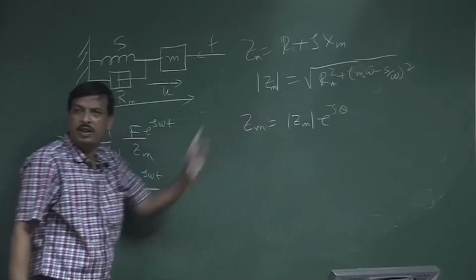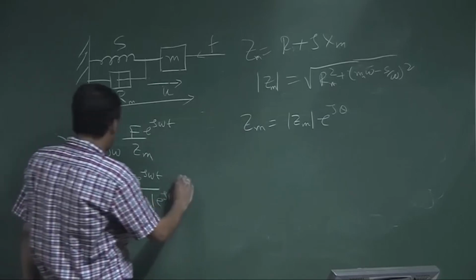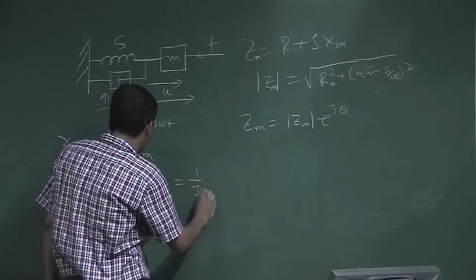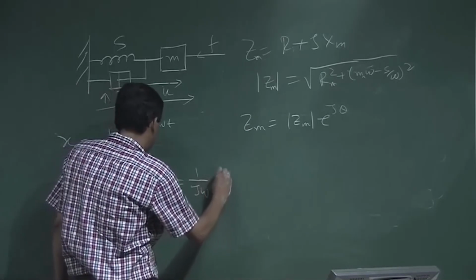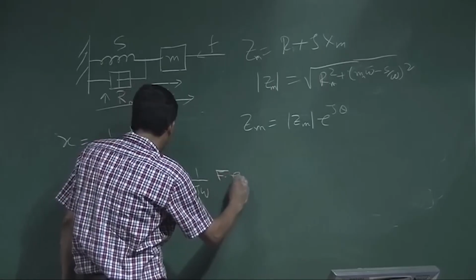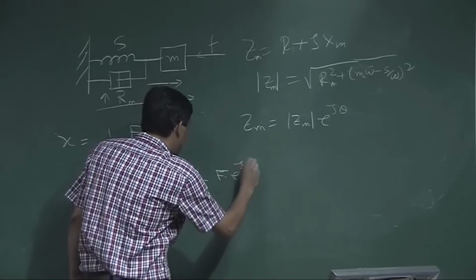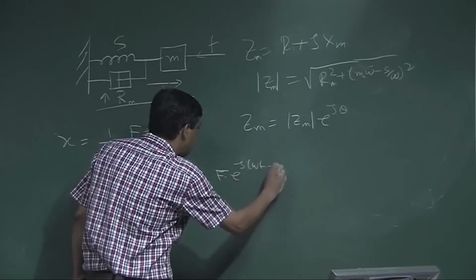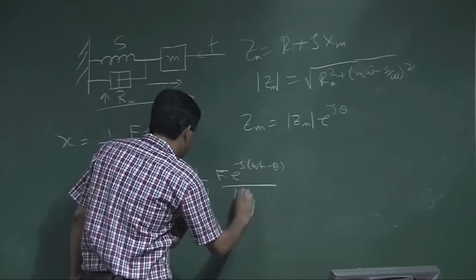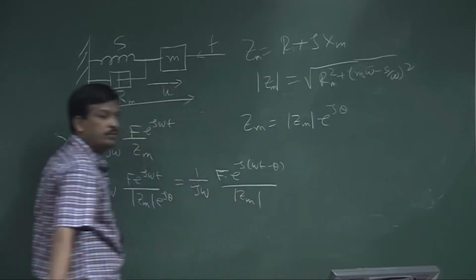So, this is nothing but 1 by j omega, f into e to the power j omega t minus theta, divided by mod of Zm.